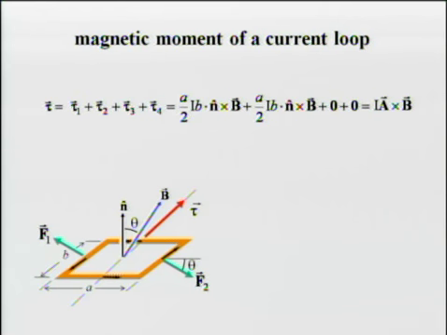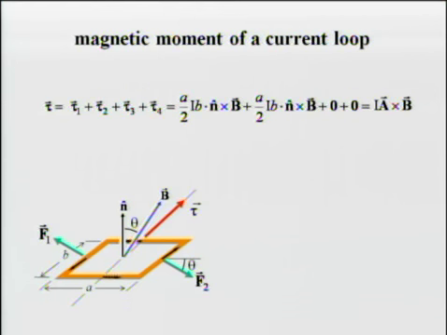Flip your page back just one step and see how magnetic moment is defined. Magnetic moment is defined in such a way that the magnetic torque is supposed to be equal to the vector product of magnetic moment of the object and magnetic field vector.